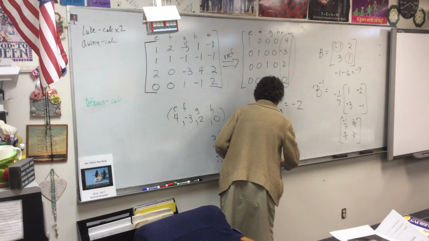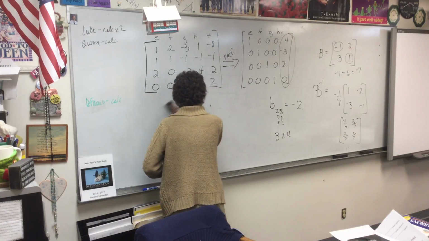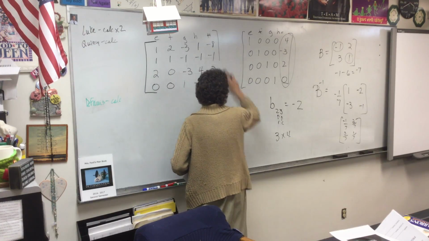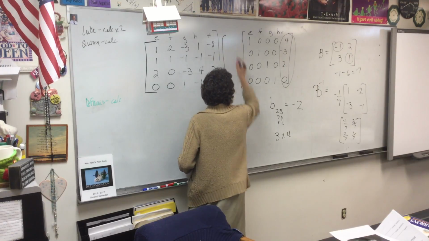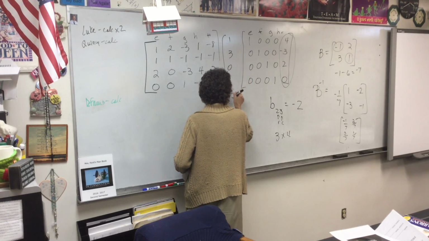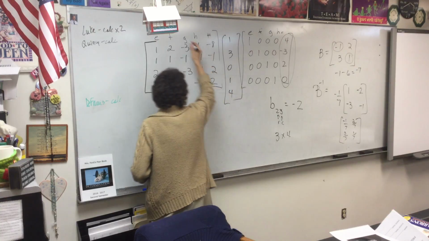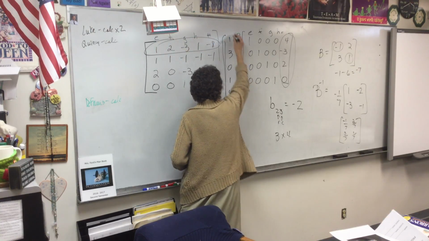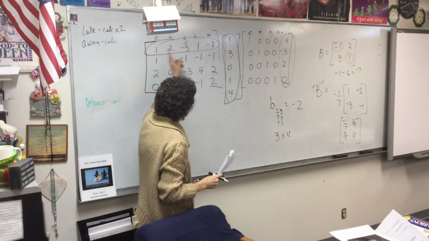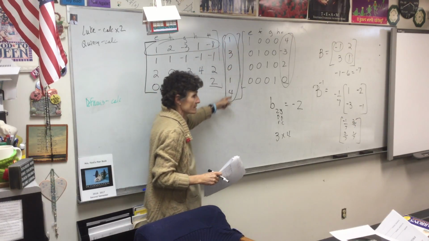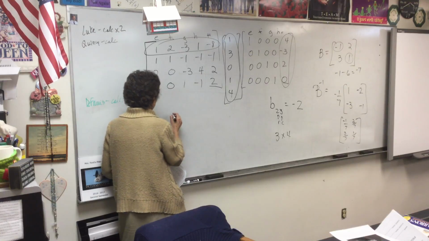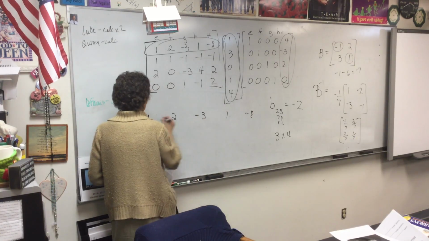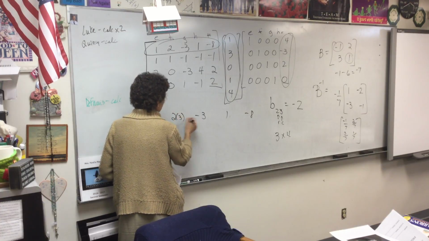Probably not. I'm going to run out of time. Remember, when you multiply, though, you take the numbers in the row times the numbers in the column. So if I were going to multiply these two matrices together, I would take this row times this column. So I would write down all the numbers in the row, spread them out, and then all the numbers in the column.